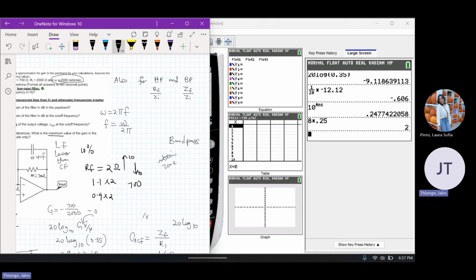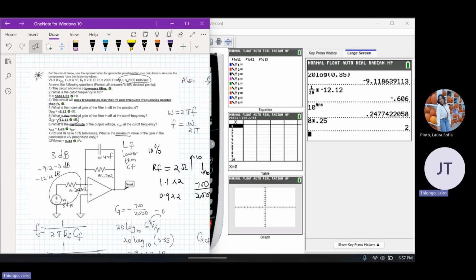So instead of 7,000 over 2,000, you're going to do 10% more on 7,000 and 10% less on 2,000. That way you get more range in the values, and that will be it. That's how you'll be able to find the gain in the passband max in volts per volts.